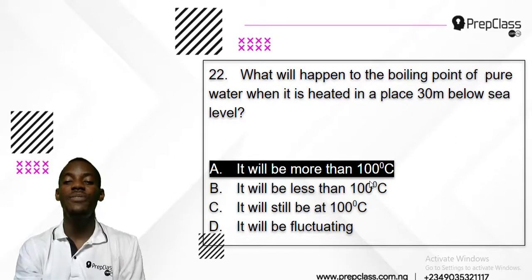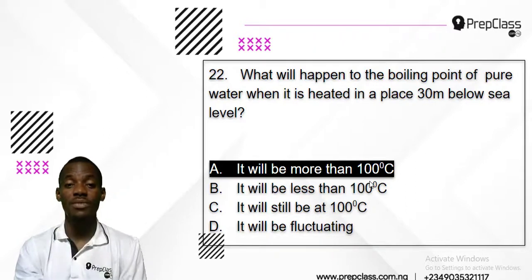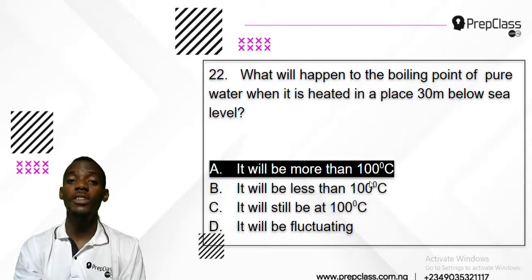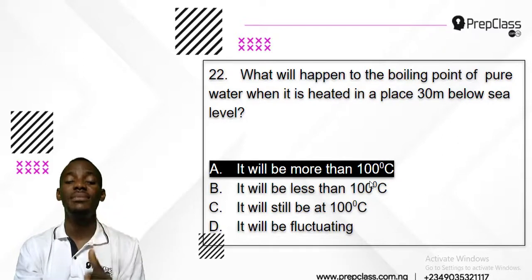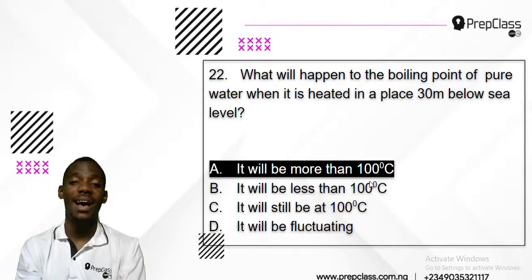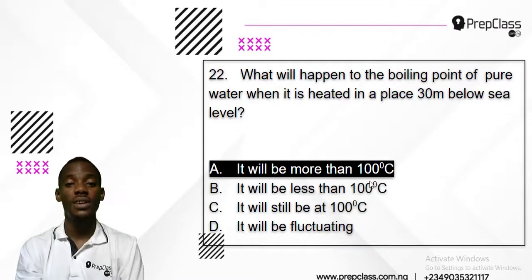Therefore the boiling point will also increase, and that is the answer to that question. Just like on the mountain, so also it will be 30 meters below the sea level. Both points have high pressure, and that is making the boiling point higher, more than 100 degrees Celsius.